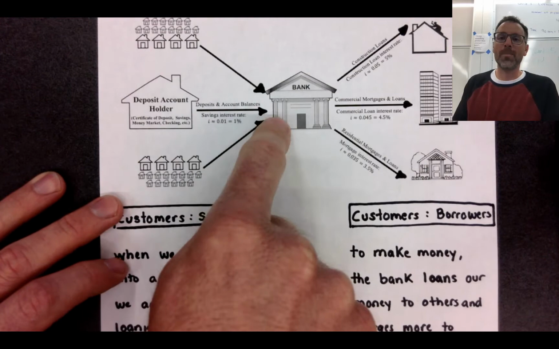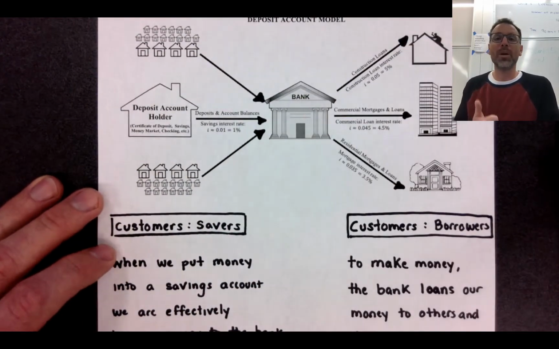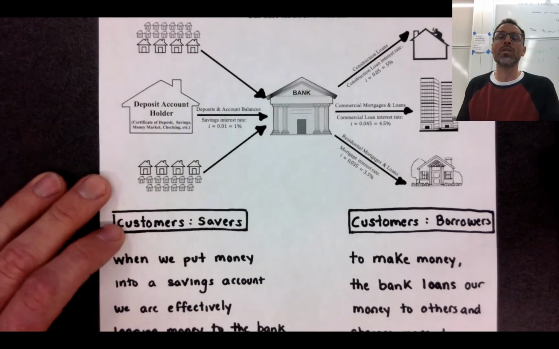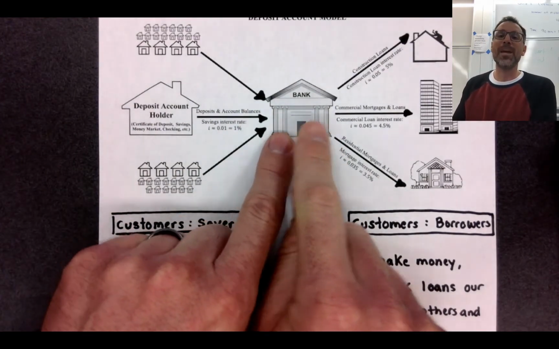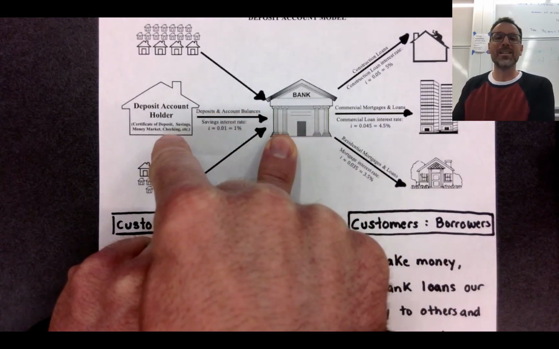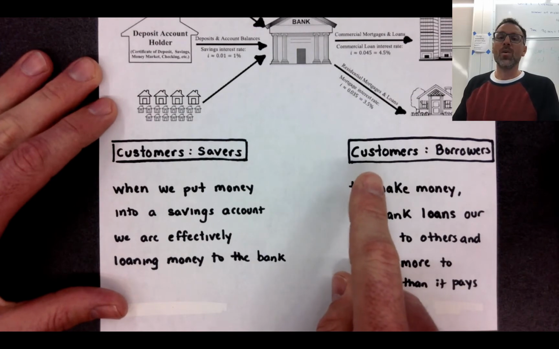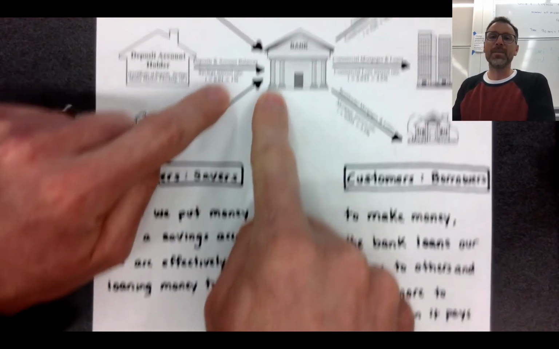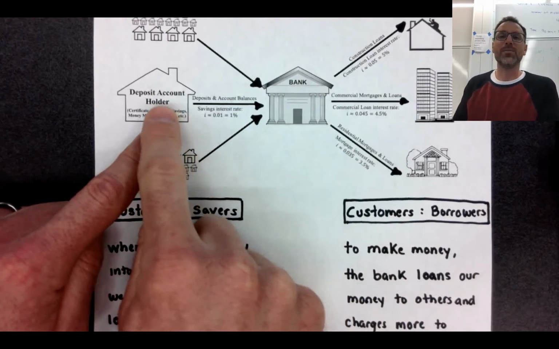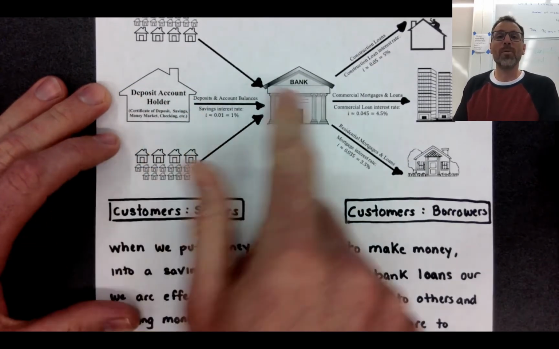So we put a bunch of money in the bank, and then what the bank does is it will take our money and loan it out to the borrowers, to a bunch of people who want mortgages, construction loans, car loans. The whole idea is the bank will charge the borrowers a lot more than it pays us to save our money, right? Once we put our money in the bank, it offers us an interest rate, some sort of privilege or reward for putting money there.